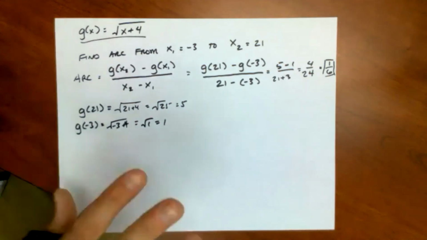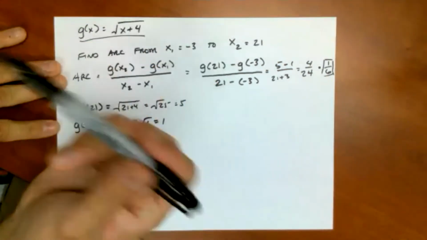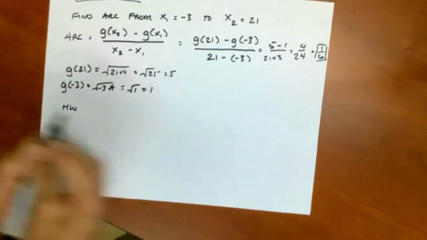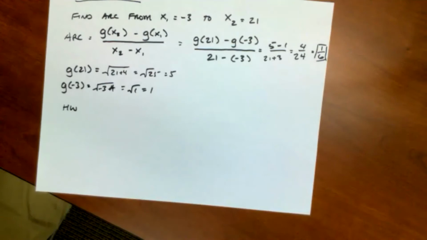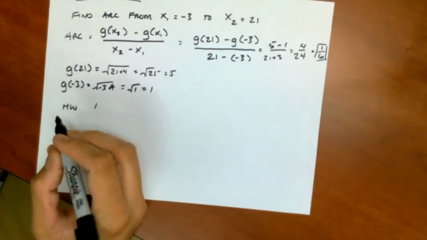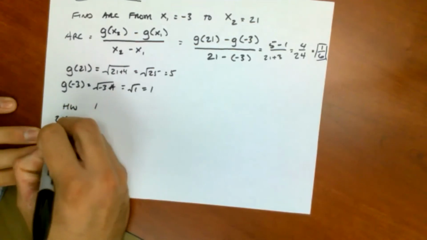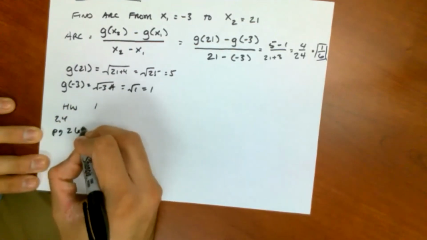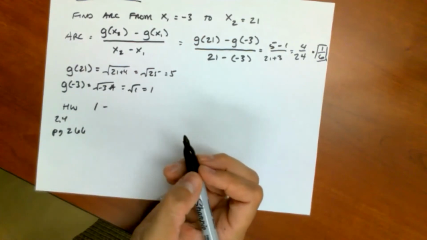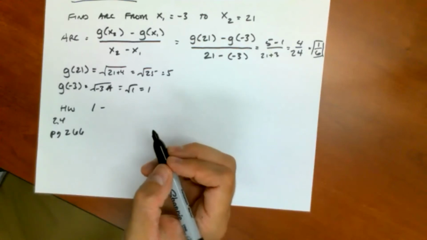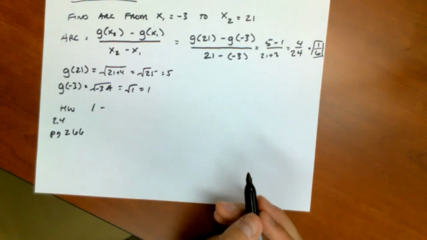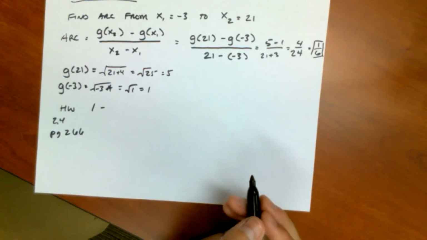Okay, so for now, don't go away, because CJ's question about the question in 2.3 is really good, and I want to go over it. But for homework in 2.4, I would do 1 through, now this is on page 266, 1 through 29 odd.